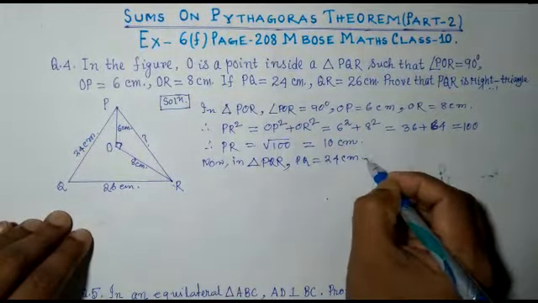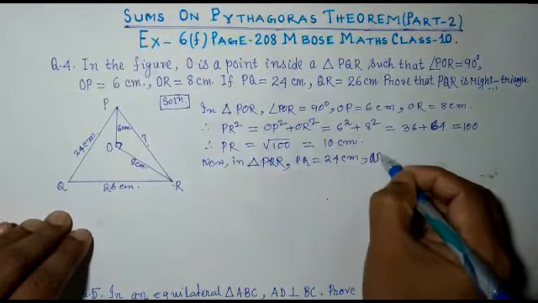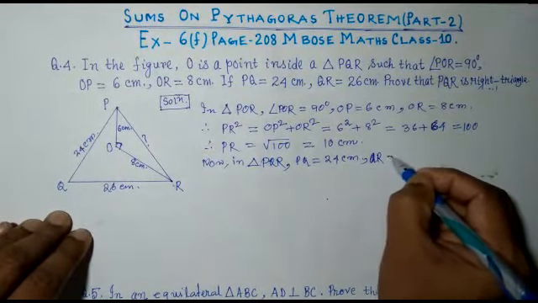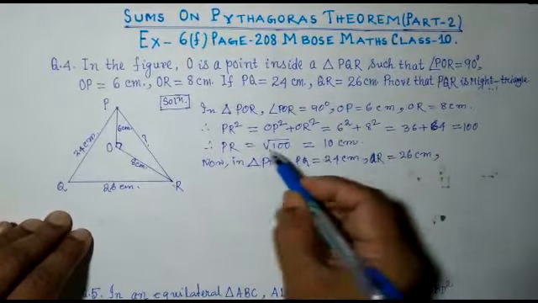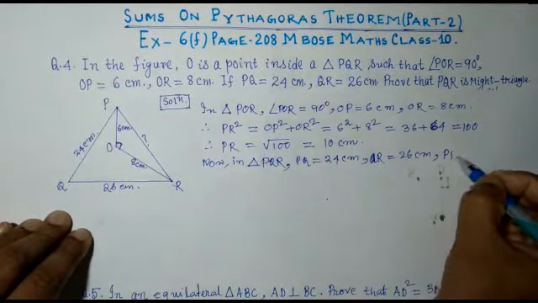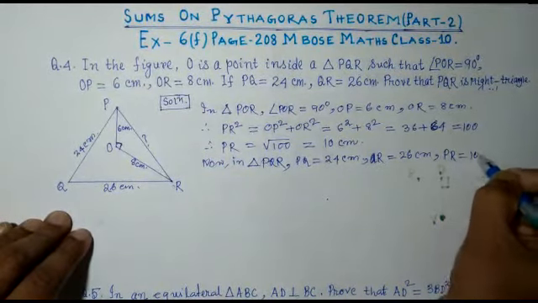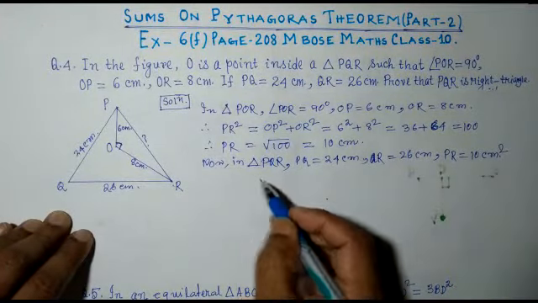So we can write PQ is 24, then QR is equal to 26 centimeter. And just now we have got PR. This PR is 10 centimeter.